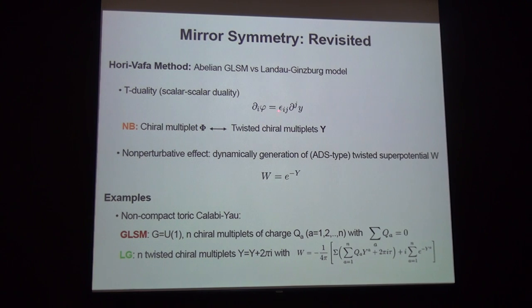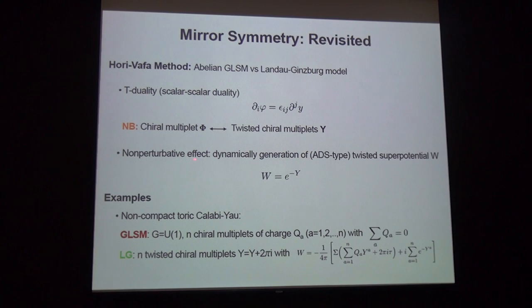In the supersymmetric setup, one of the scalar fields, say phi, can be identified as a phase of the complex scalar field in the chiral multiplet, which can be dualized to another scalar field, y, which can be identified as an imaginary part of this complex scalar field in the twisted chiral multiplet. In other words, under these T-dualities, the chiral multiplet and the twisted chiral multiplet get exchanged with each other.